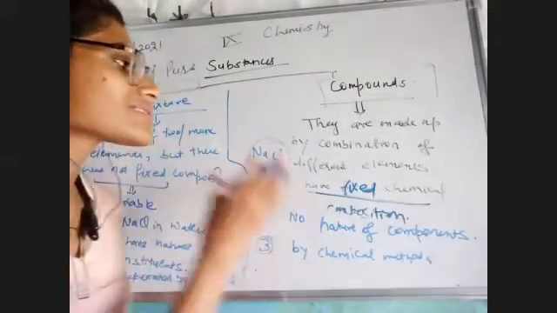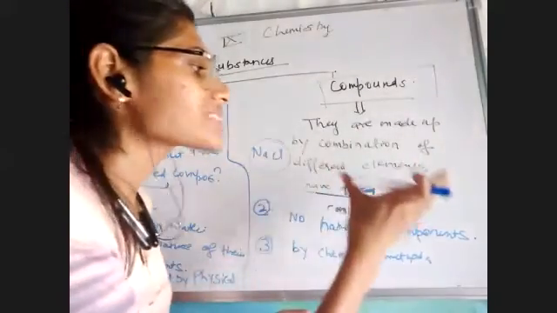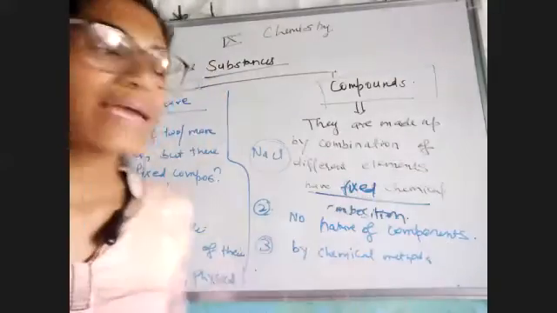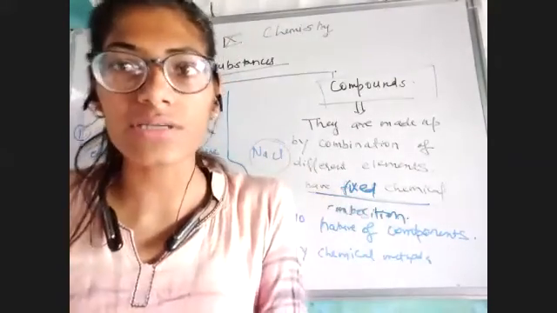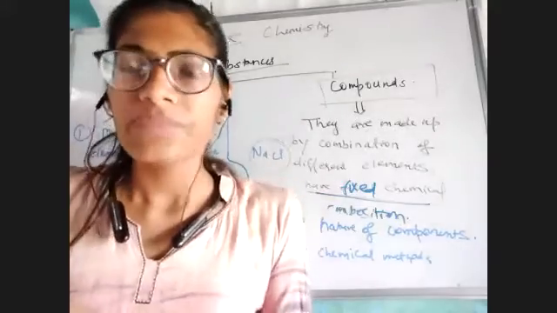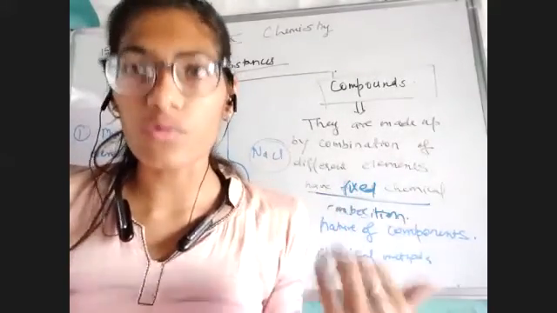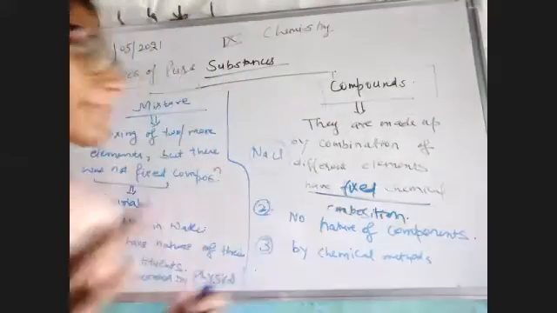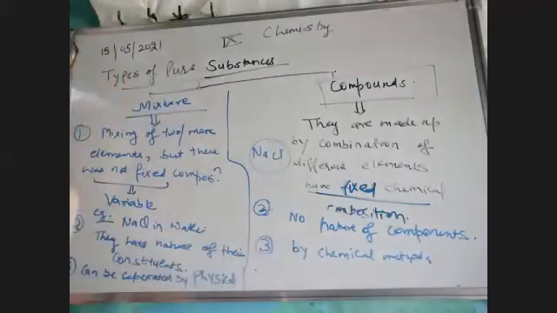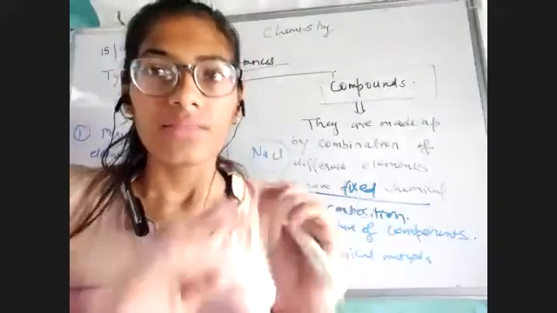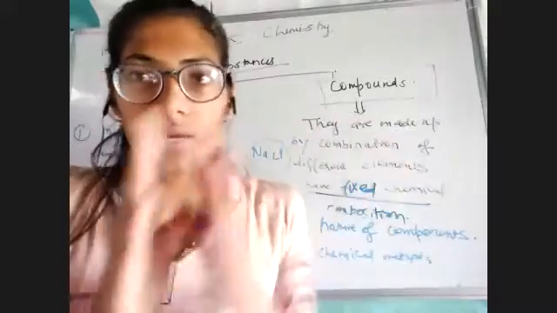Sodium chloride is made up of a fixed chemical composition, so it can only be changed by chemical methods, like by passing electricity into it, by electrolysis, which is a topic beyond your syllabus. But you must remember that these 3-4 differences explain the difference between compounds and mixtures.